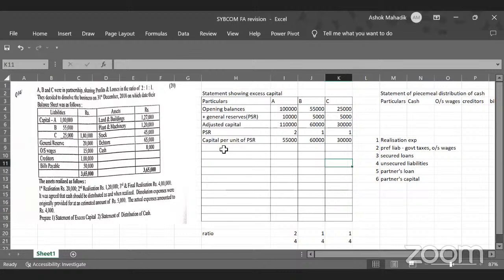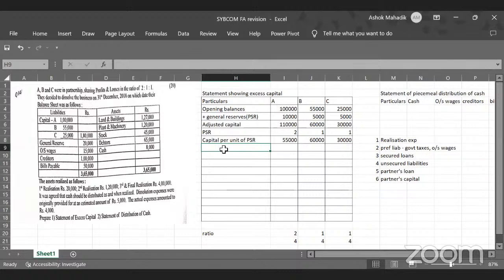Now, A has brought 55,000 per unit of capital. B has brought in 60,000 for one share, and C has brought in 30,000 for one share. Okay? I hope you have understood. What we did: first we found adjusted capital, then wrote PSR below that, then divided adjusted capital by PSR.